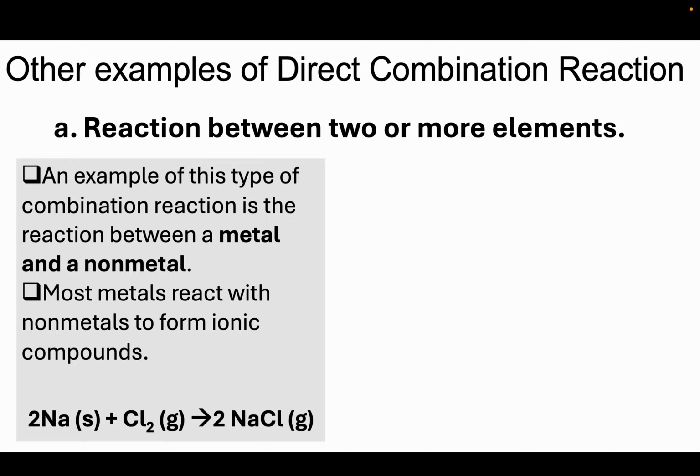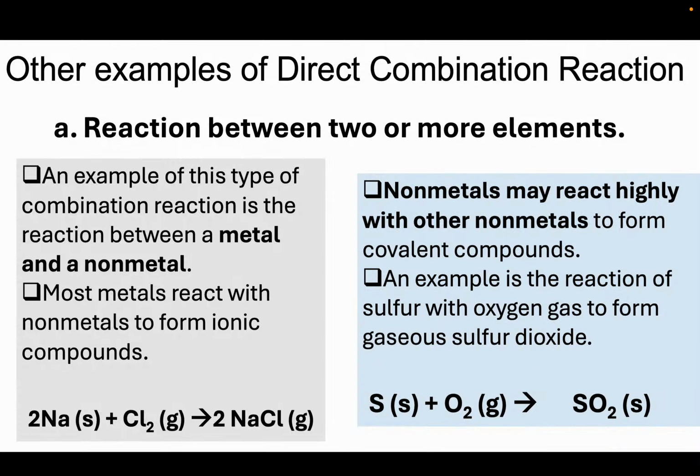So we have there sodium and chlorine, and of course its product is sodium chloride. So again, this is an example of direct combination reaction. Okay, another one, non-metals may react highly with other non-metals to form covalent compounds naman. An example is the reaction of sulfur with oxygen gas to form gaseous sulfur oxide.